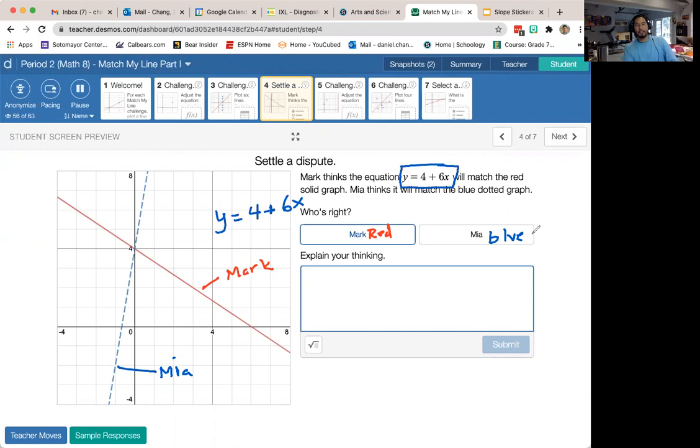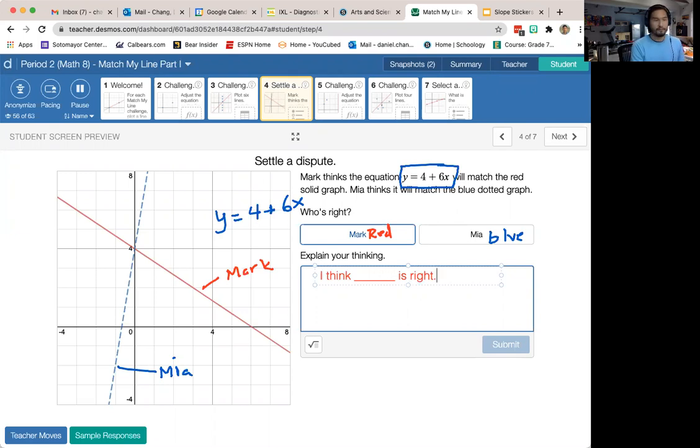Then you've got to explain your thinking. Okay, you've got to write an explanation. And I think the best explanations really revolve around your understanding of slope, right? So here's a good sentence starter for how you might approach this. You might say, I think blank is right.